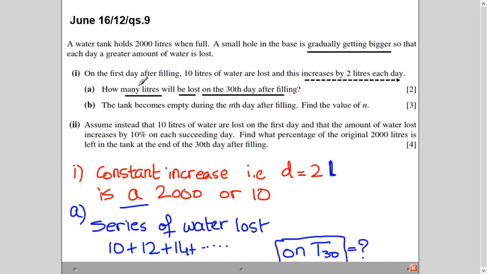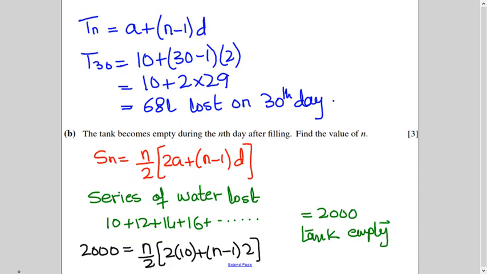So we have to find out that on the 30th day, how many liters of water will be lost. So basically, this is your first term, first day, second term, second day, third term, third day, how much water is lost. So basically, I will find out here term at the 30th place. That will represent water lost on the 30th day.